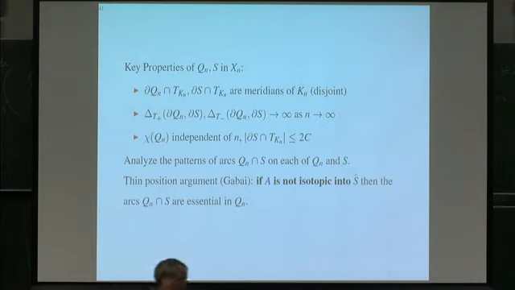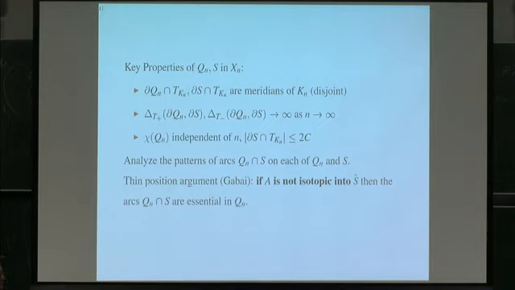If you look at the boundary components of Q_n along K_n, they're meridians, as are the boundary components of the punctured Heegaard surface S. So boundary components of Q_n and S are both meridians on the boundary component of K_n, so I can make sure that those are disjoint. On the other hand, the boundary components of Q_n and S intersect more and more times on the boundary components of L plus and L minus.